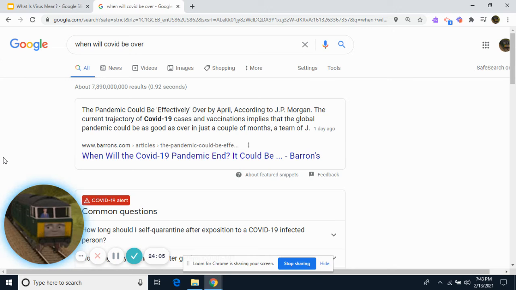Okay, so I looked it up on Google and I'm going to read this to you guys. So the pandemic could be effectively over by April. But I'm not sure if it's going to be over yet, since COVID has been going on about a year now, and it's probably going to be closed or ending pretty soon.